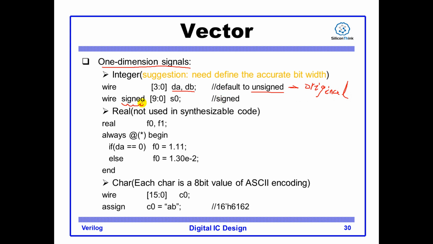While if you use this signed keyword here, this will be treated as 2's complement, 2's complement code of binary. I will show you the difference when they are doing some arithmetic operations in later slides.